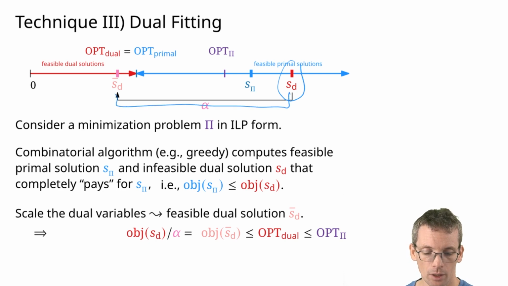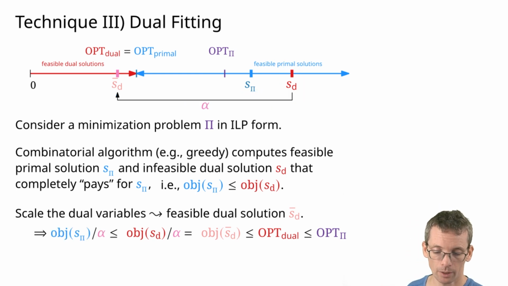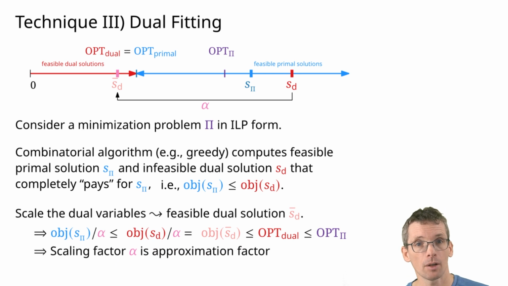So this is actually here with equality. And this is an upper bound for the primal solution that we had, still divided by alpha. And if I multiply all of this with alpha, I see that I have an alpha approximation.